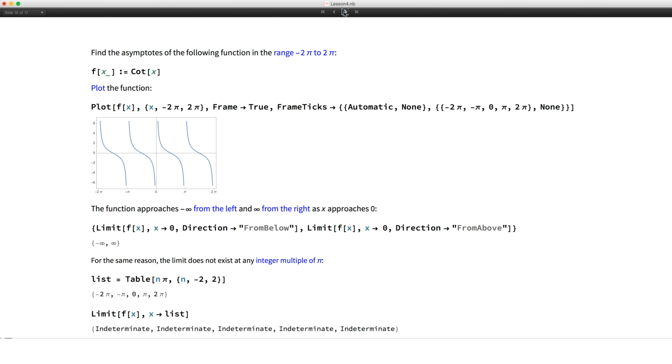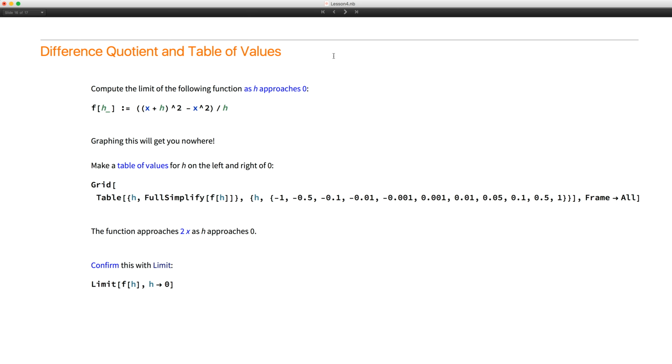Okay, so finally, I have an example in which you actually do need to use tables. So here's an example in which you have two variables. You've got an h and an x. Now, the problem is that because x is not known to you, you cannot graph the function. So graphing will get you nowhere in this case.